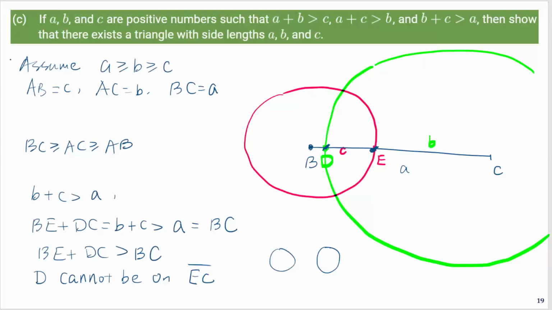And we also know that they must meet at 2 points here, which means they cannot meet like this, right? Therefore, that gives us a triangle ABC like this. This is our point A. You get it?